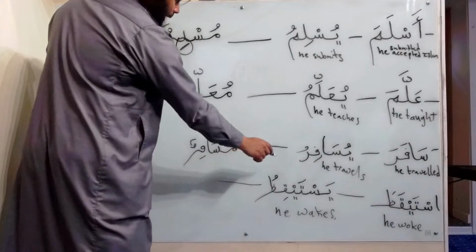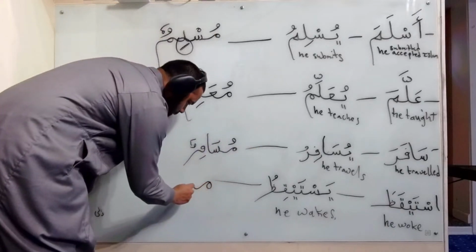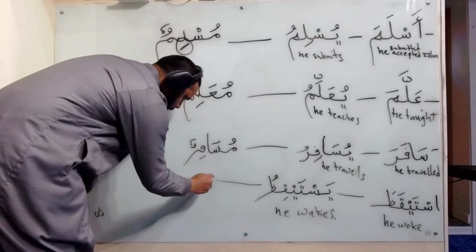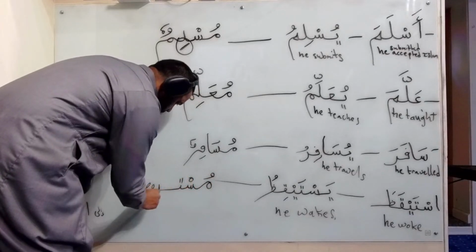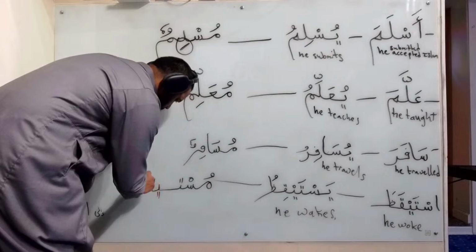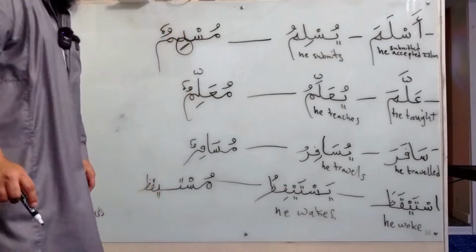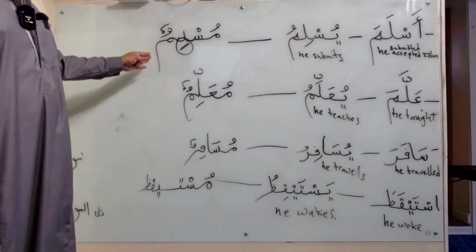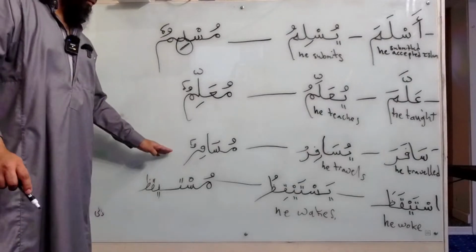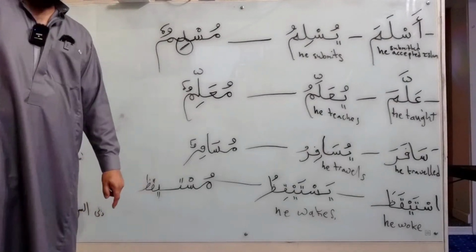Take out the ya, put in a meem, you end up with Mustayqidh. Right? Mustayqidh. So literally Muslim, submitter; mu'allim, teacher; musafir, traveler; mustayqidh, waker.